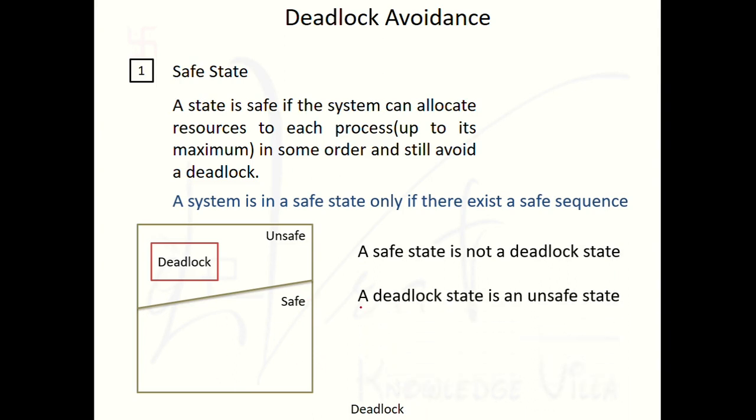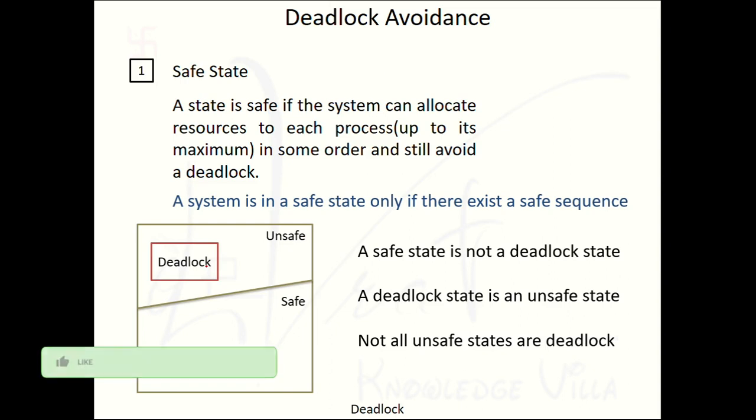Second thing, a deadlock state is an unsafe state. And the third statement is that not all unsafe states are deadlock. It means it is not necessary that all unsafe states will lead to a deadlock. Don't mind, we will prove these statements in our further lectures.